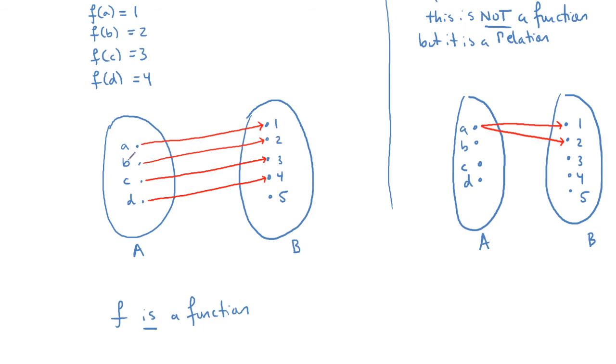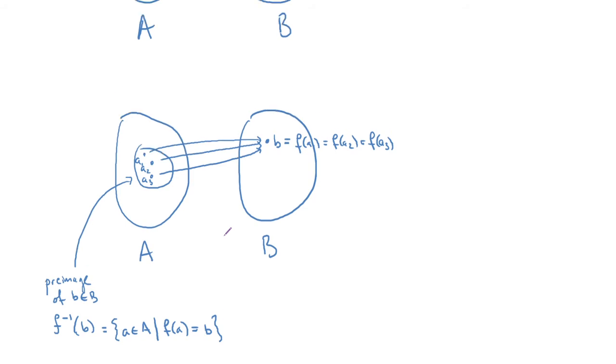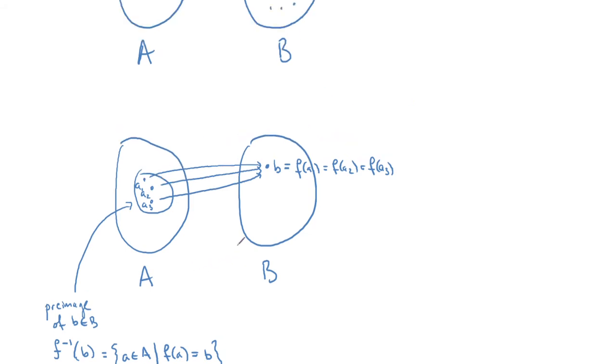The preimage of 2 would be the set containing B, and likewise the set containing C, and for 4 the set containing D. The preimage of 5 would be the empty set, because there is no element of the domain that gets mapped to 5. The preimage is a little strange when you write it out by definition, but you can see why you might want to consider it when looking at domain versus codomain.